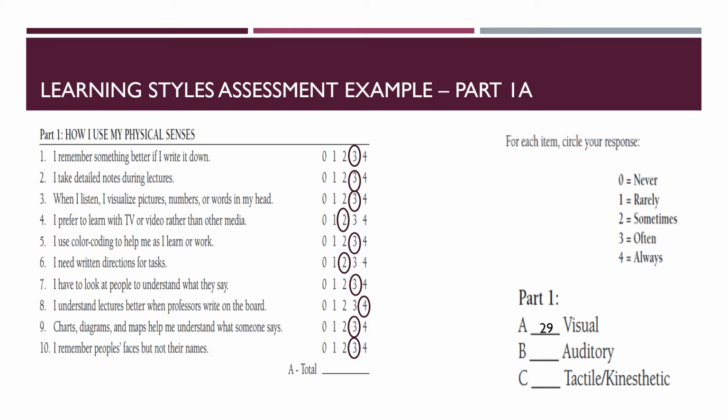So I filled out how I use my physical senses here. So I circled 3 often, sometimes, often, sometimes, and so on. So once you have your totals, you'll write your total in the part 1A part, and then you'll do part 1B, C, and so on.